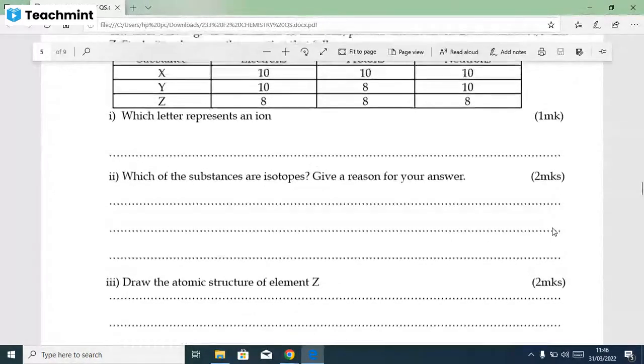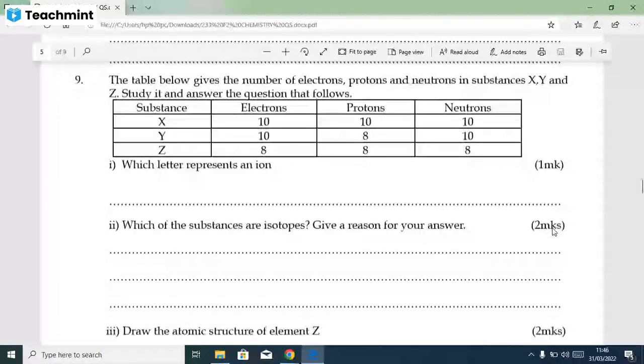Give a reason for your answer. You need to know what isotopes are.